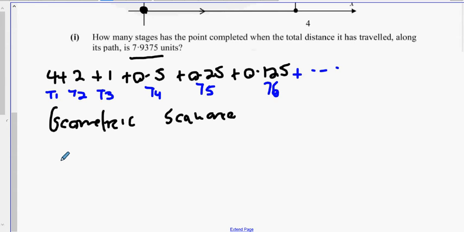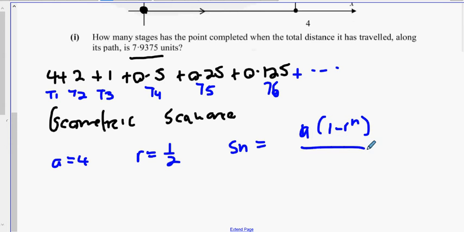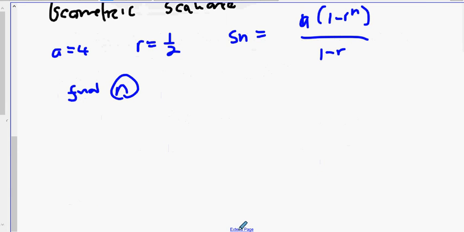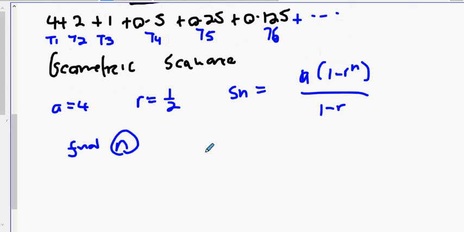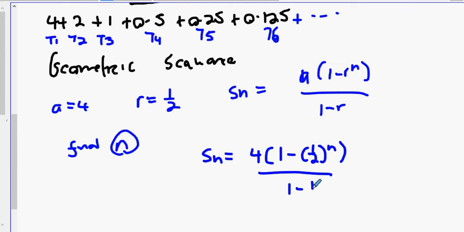Right, so A equals 4, R equals a half, Sn equals A bracket 1 minus R^n over 1 minus R. Find N. Okay, so Sn equals A, which is 4, bracket 1 minus a half to the power of N, all over 1 minus a half.